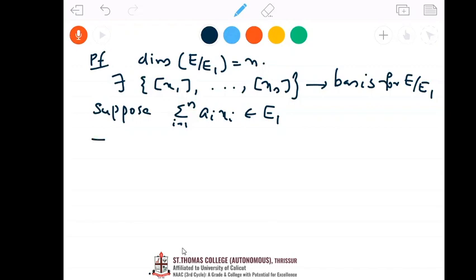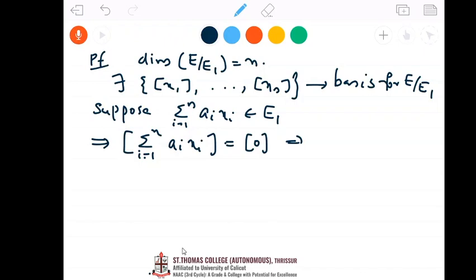So the class of summation i equal to 1 to n ai xi is equal to class of 0. And what is meant by class of x plus y? It is class x plus class y.